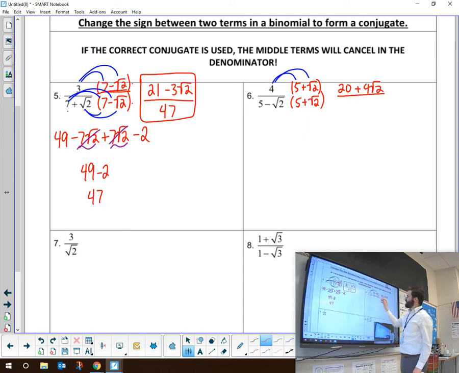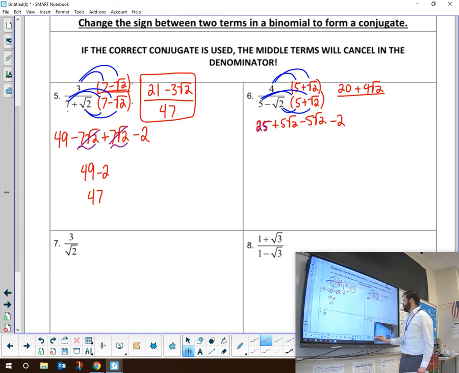Okay, then we're going to take the bottom one and we're going to distribute this one as well. I'm going to go 5 times 5 is 25. 5 times square root of 2 is positive 5 square root of 2. Negative square root of 2 times 5 is negative 5 square root of 2. And then once again, negative square root of 2 times a positive square root of 2 is going to give me a negative 2.